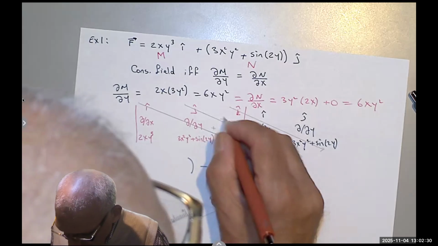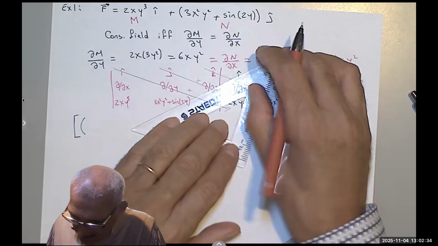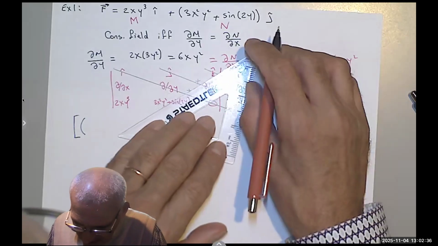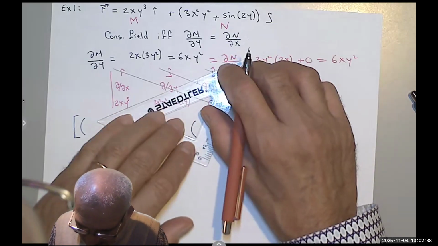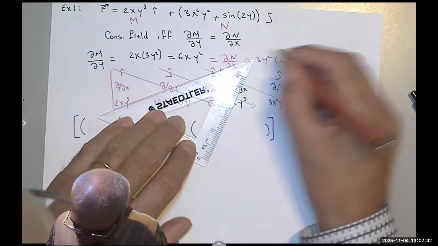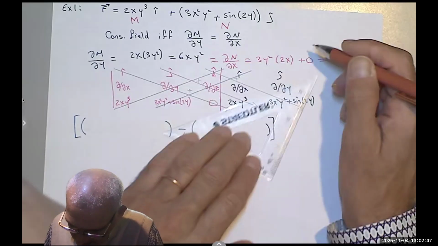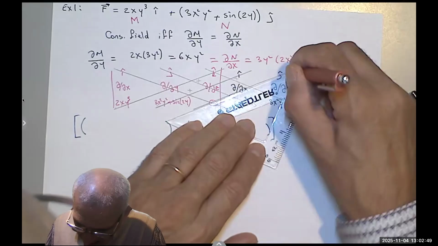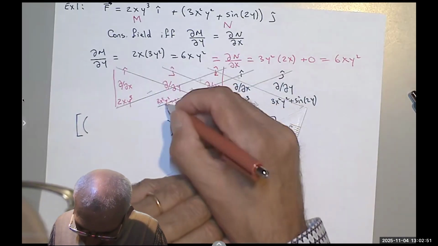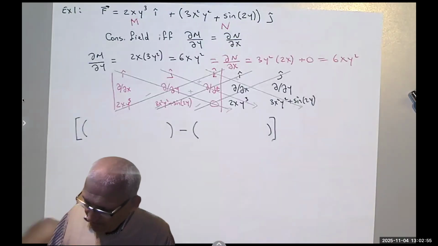So plus, plus, plus. And then I go to the other diagonal. So I start with the k, and then the i, and then the j. And we are going to subtract these, meaning I'm going to put them here.